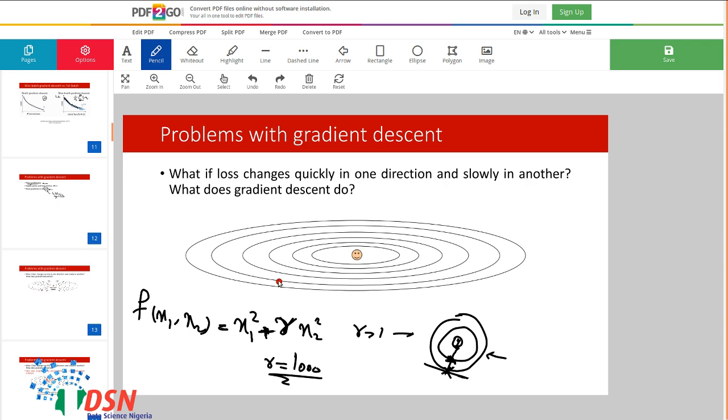But now we have something like this. What happens? Here the gradient is, hopefully you know, perpendicular to the contours, so the gradient is in this direction. Now we want to move in the negative direction of the gradient, so based on the learning rate, we may go to here. After going here, we should calculate the gradient here.